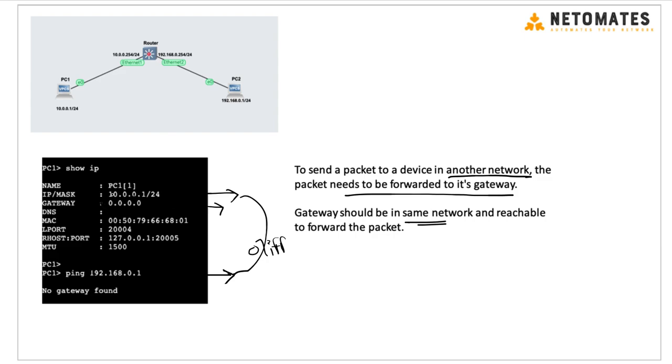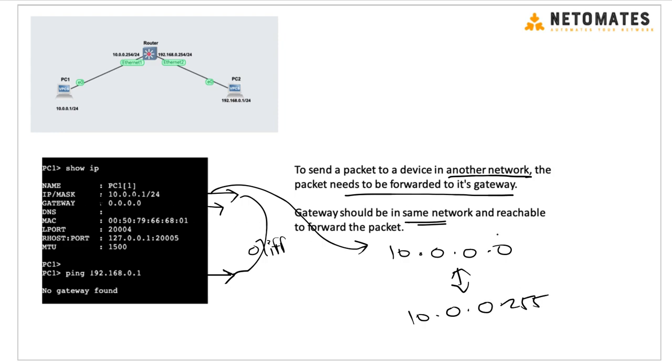Suppose here PC1 has an IP of 10.0.0.1/24. That means the gateway also should be in the same network, it should be in this range. Then only PC1 can reach the gateway, right? So it should also be reachable.